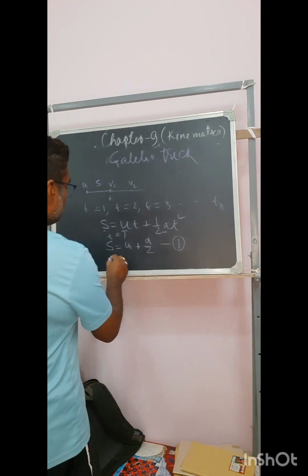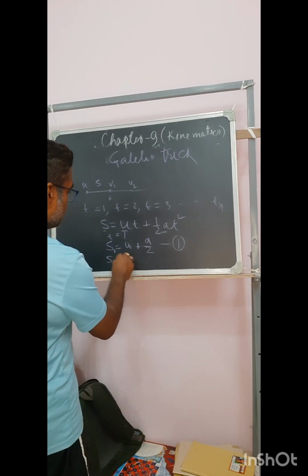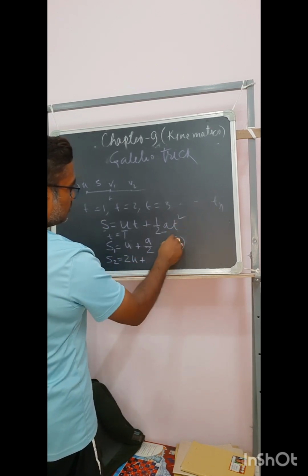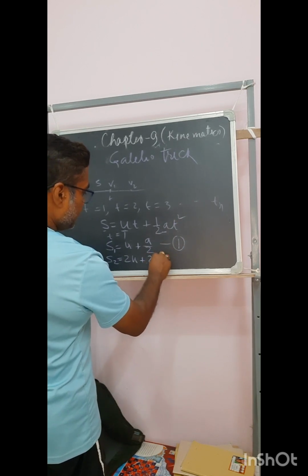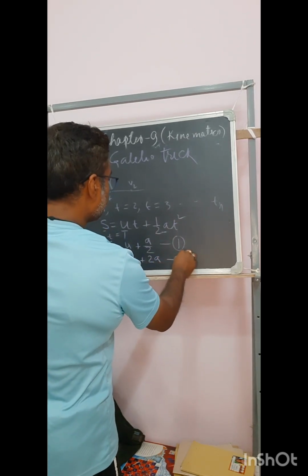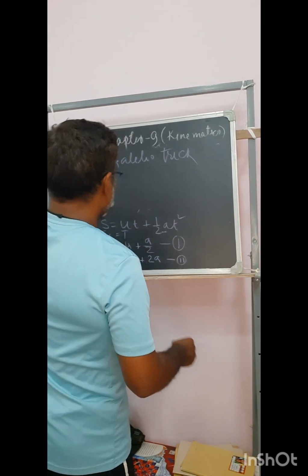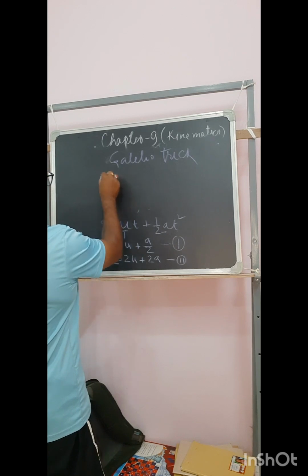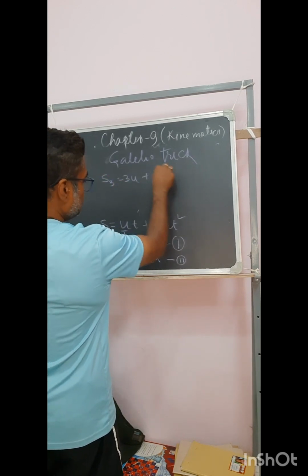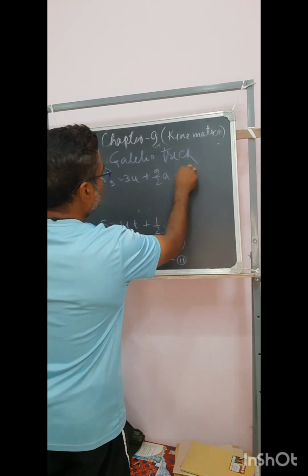If t is equal to 2, s2 is equal to 2u plus 4 by 2 a, which is 2a. Okay, this is 2. If I consider t equal to 3, then s3 is equal to 3u plus 9 by 2 a.